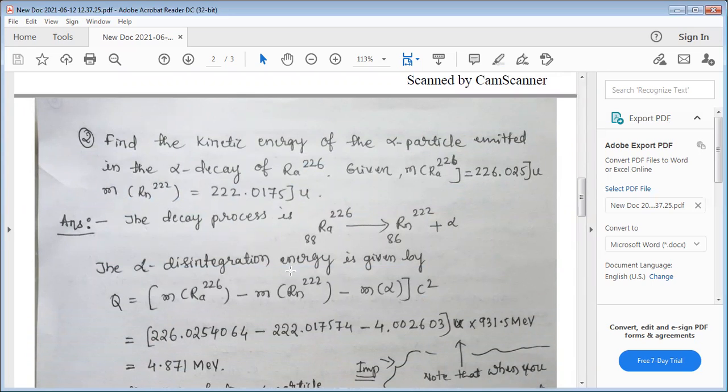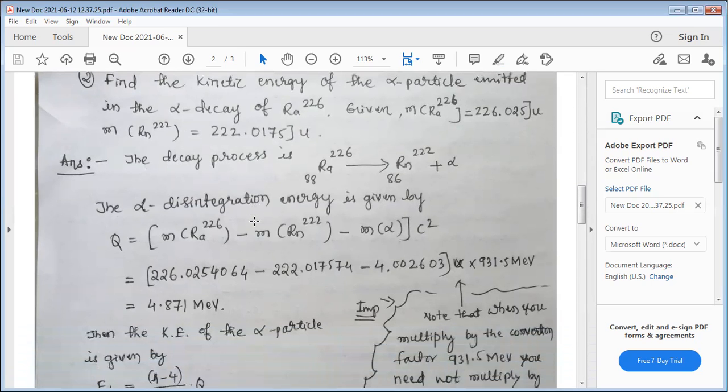Find the kinetic energy of the alpha particle emitted in the alpha decay of radium-226, given that the mass of radium-226 is equal to 226.0254 units, and the mass of radon-222 is equal to 222.0175 units.